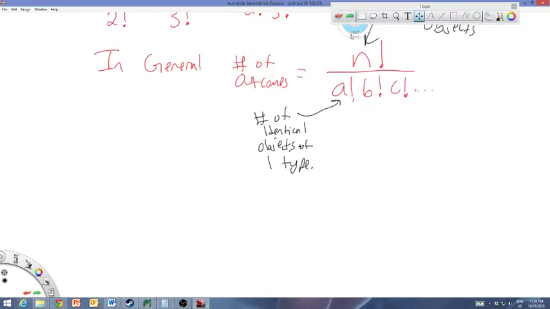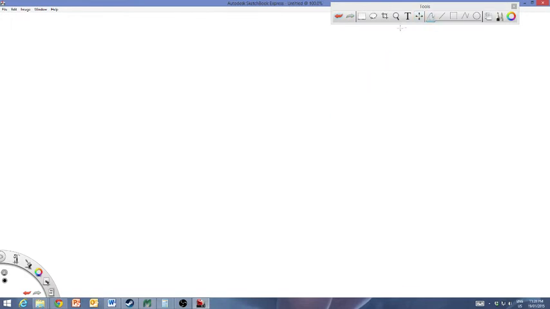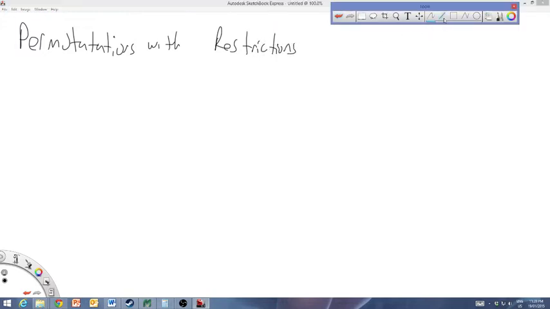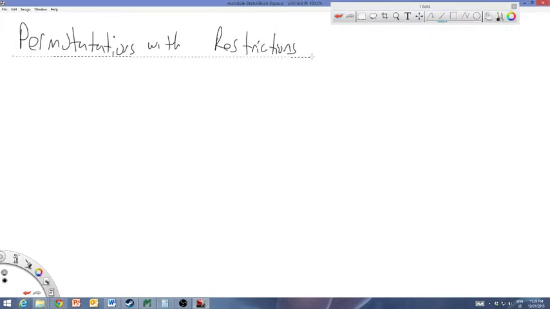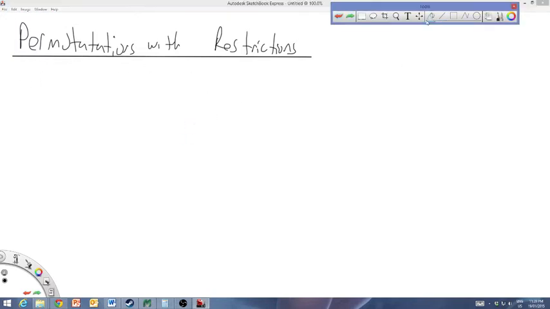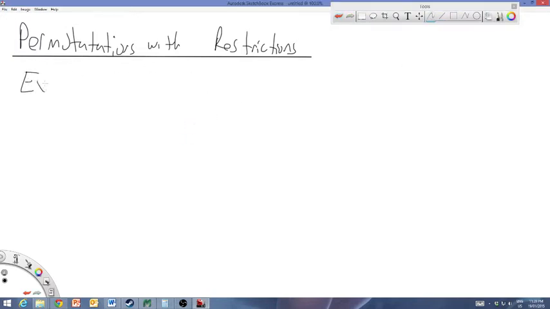Let's deal with restrictions now. So restrictions. Permutations with restrictions. Okay. So a good example of this is, let's take a group of letters. Examples.